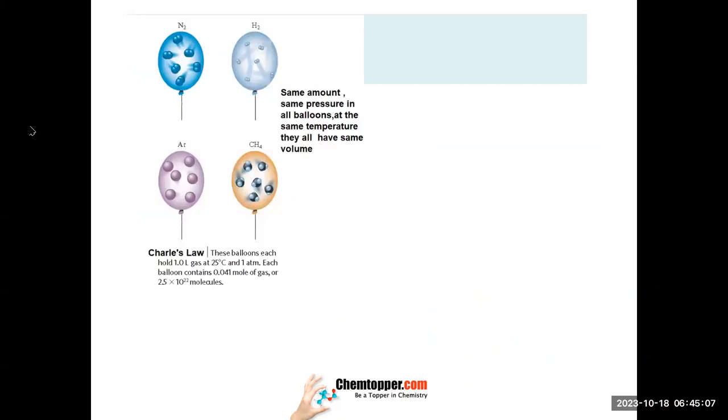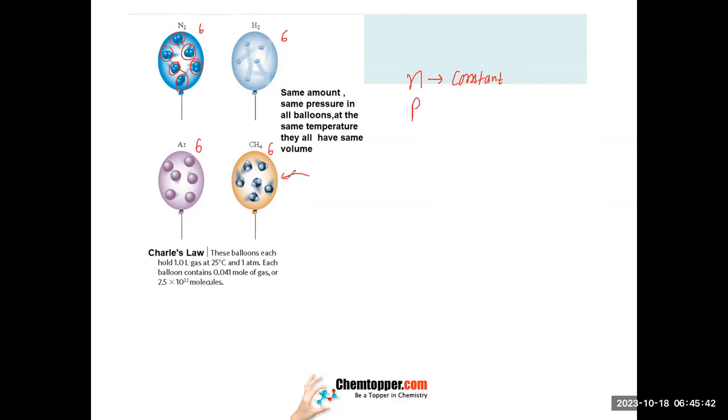Okay, now let's see this question. This concept here, I don't think it's a question. So can you check the amount in each balloon? Count the amount in each balloon. 1, 2, 3, 4, 5, 6. 6. 6. I think it's same, right? So n is constant in all the 4 balloons. What about pressure?